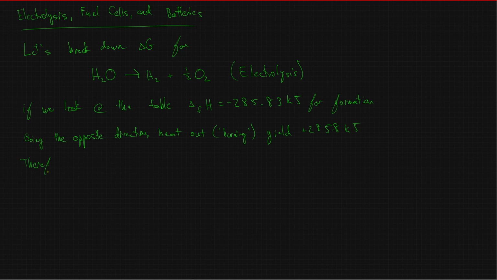Okay, so therefore to form H2 and 1/2 O2 out of H2O, we are going to need to put in 285.8 kilojoules of energy. Some of this must be delegated to making room for the gases.